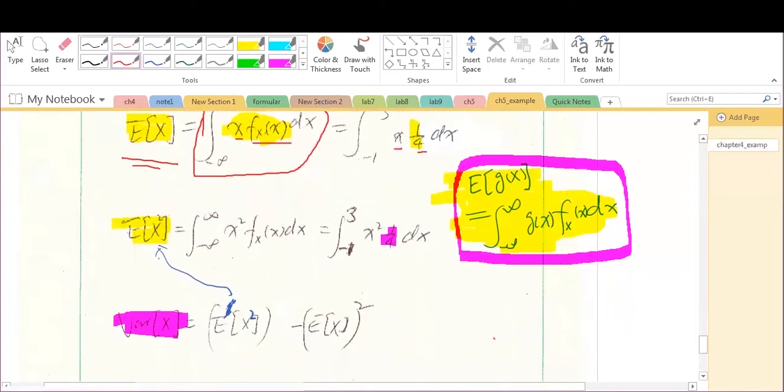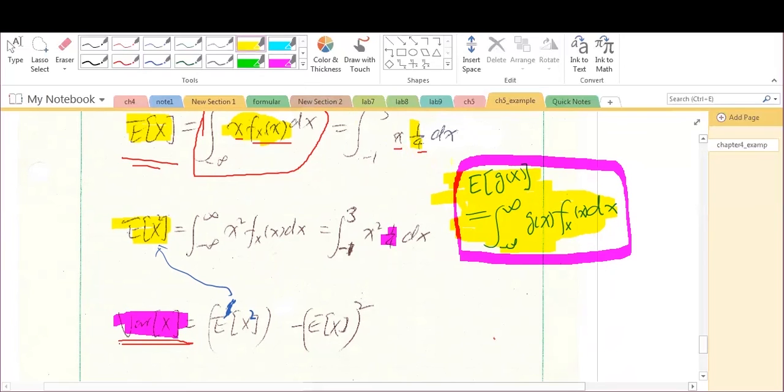Next, we want to find the expectation of x squared, because the expectation of x squared helps us find the variance. So the variance is the expectation of x squared minus the expectation of x, squared. To evaluate this expectation of a function of x, we need to know this.